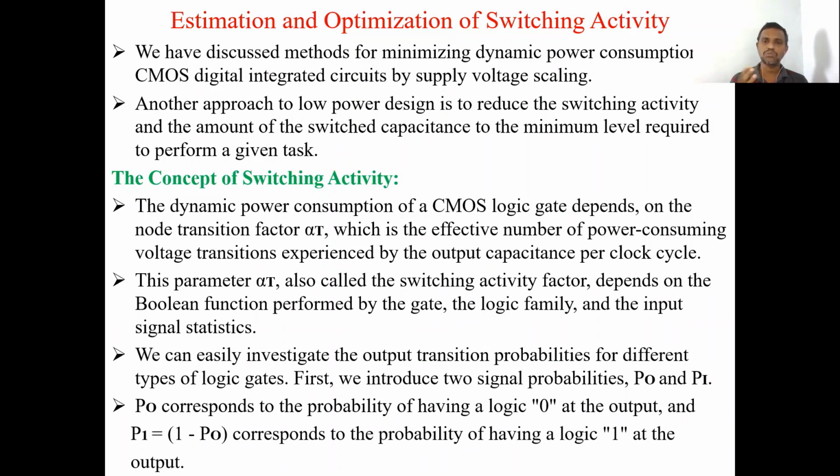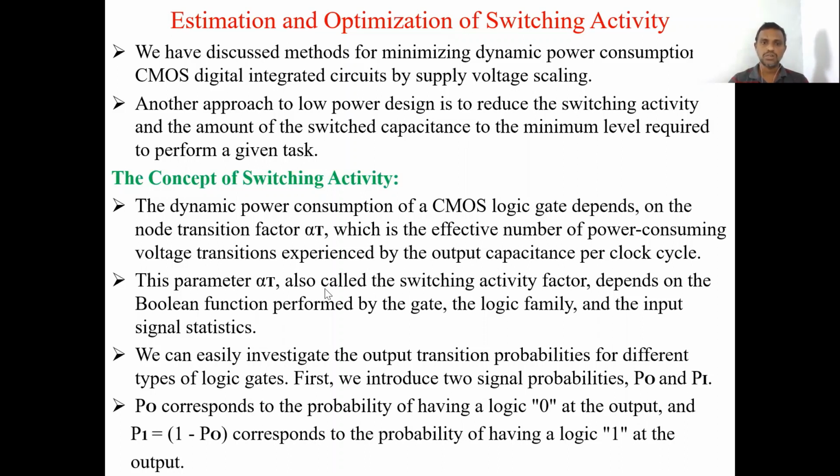Many transitions may take place, but alpha T is the effective number of power consuming voltage transitions at the output capacitance per clock cycle, which we consider as the node transition factor.